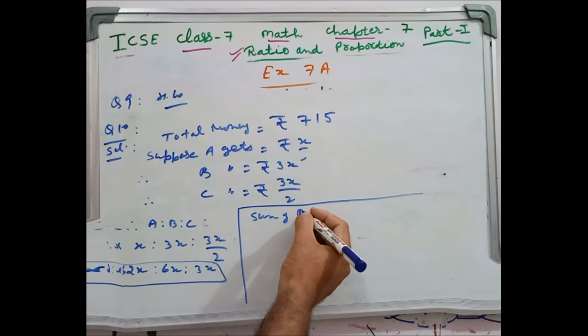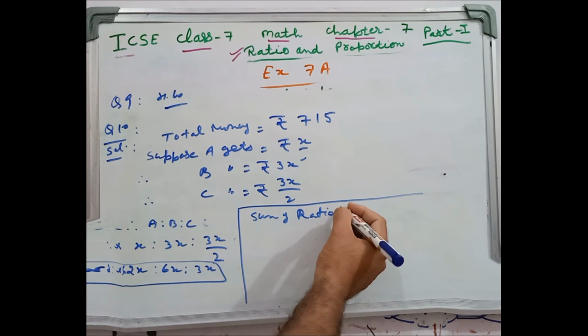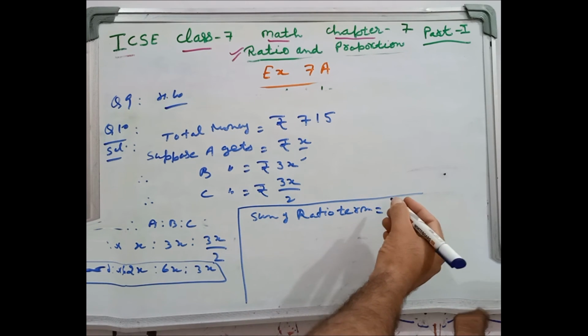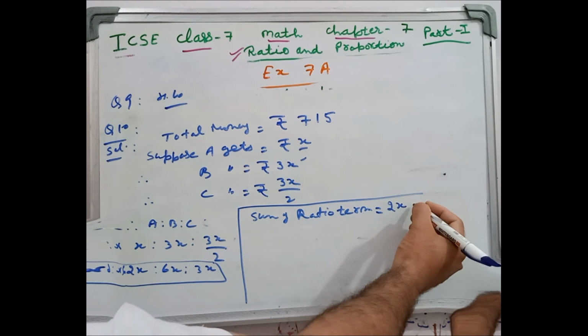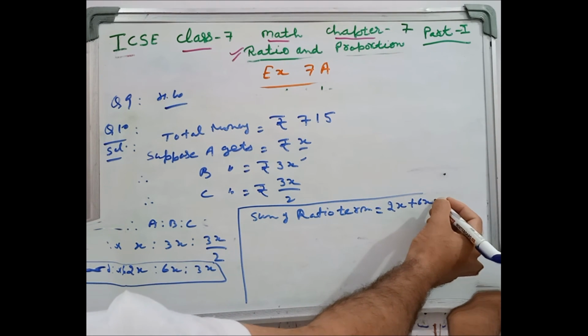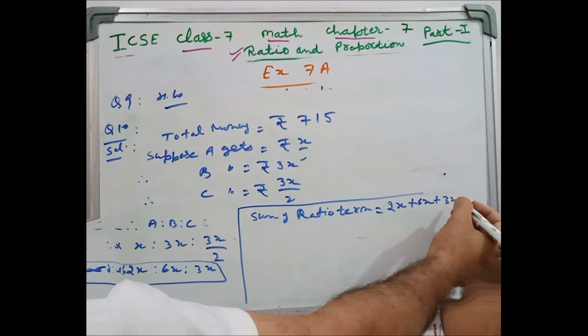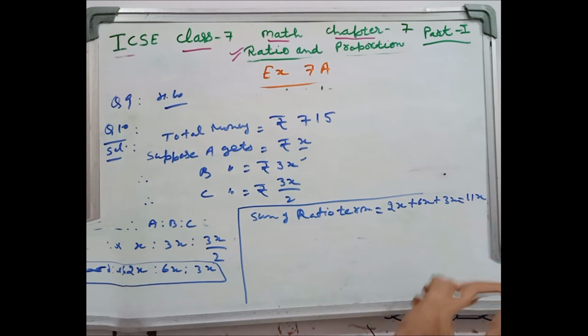Sum of ratio terms. We have obtained the ratio. We will get their sum: 2x plus 6x plus 3x. 2 plus 6, 8, plus 3, 11x.